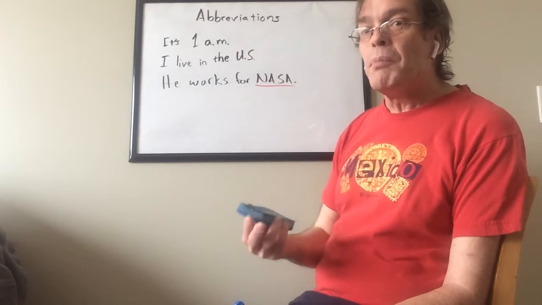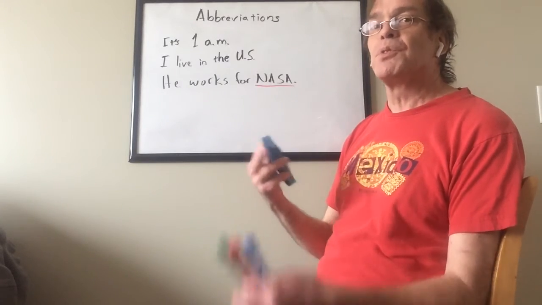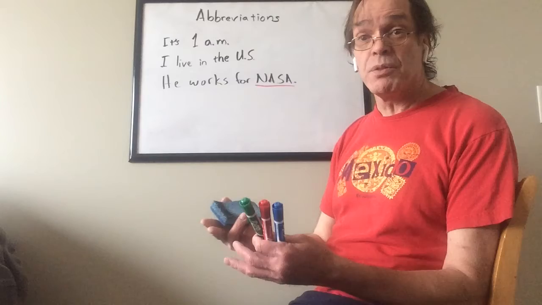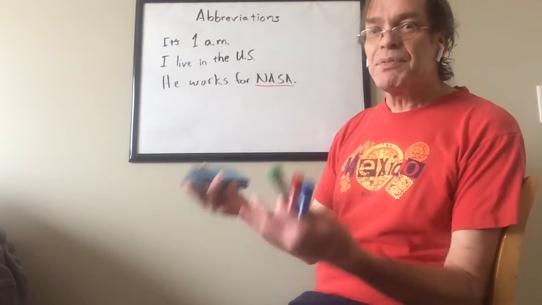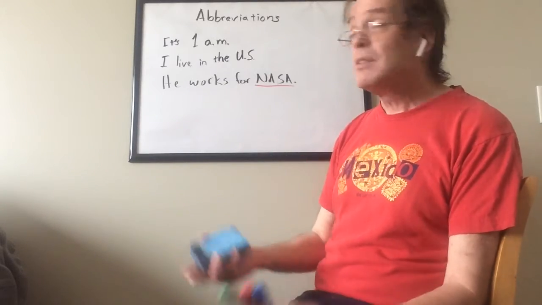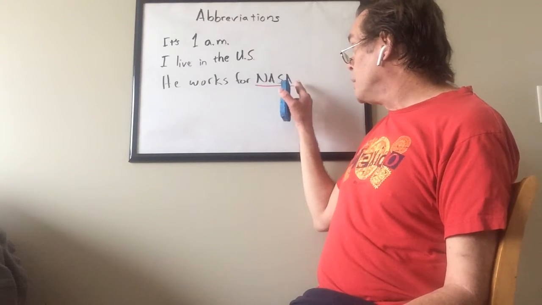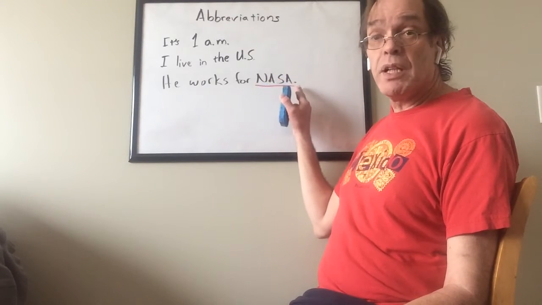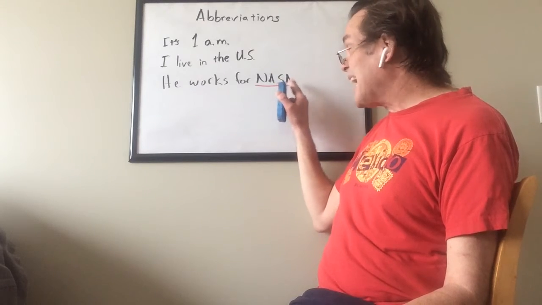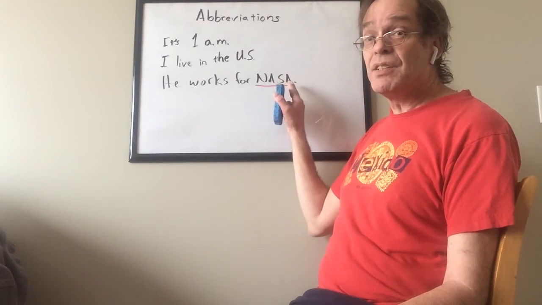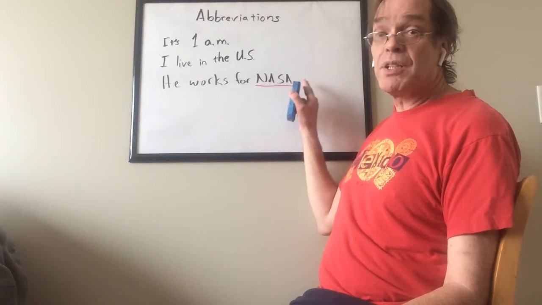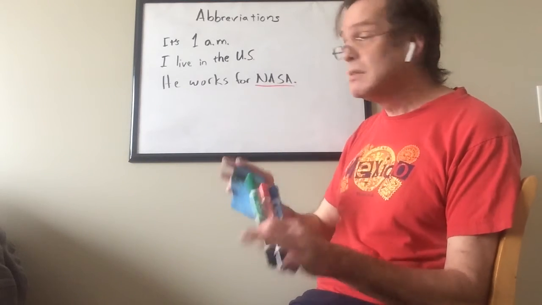There's no rule about which acronyms are said as words and which ones aren't. It's just something you have to learn and you have to memorize it. But when you have one that's said as a word, you do not need periods after each letter. Just if it's at the end of a sentence, the period that marks the end of the sentence. That's it.